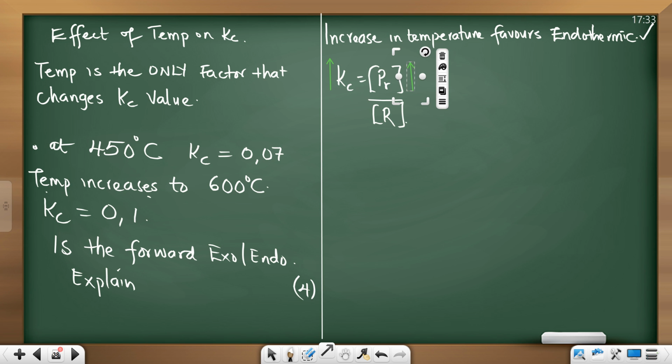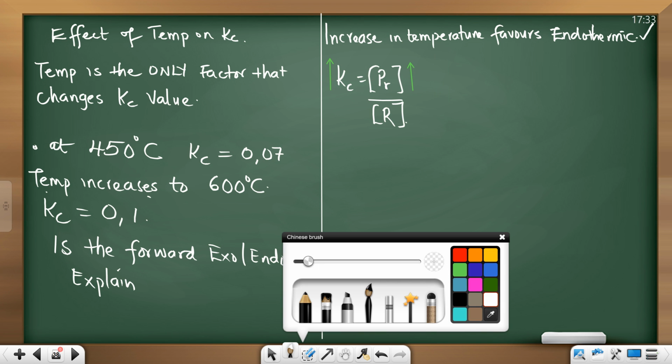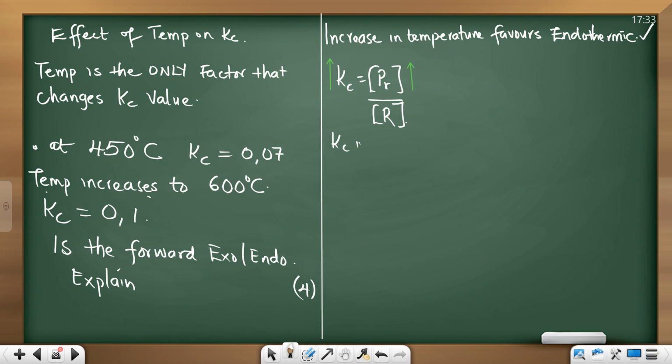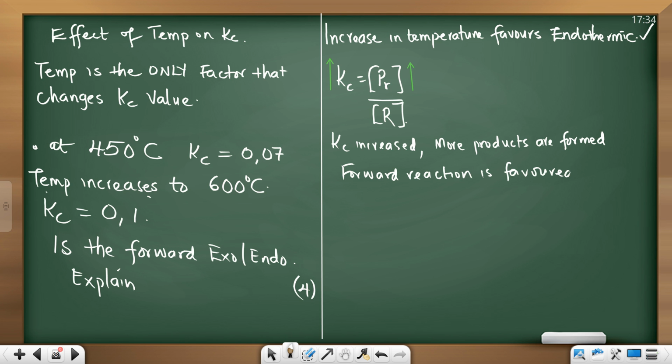Product has increased. So I'll come here and say, since Kc increased, more products are formed. If more products are formed, which reaction is favored? Forward reaction is favored. Do you know how many marks I'm sitting on already? 3 marks.